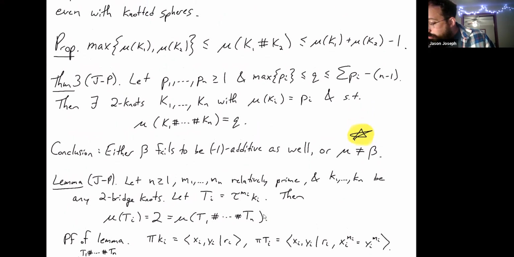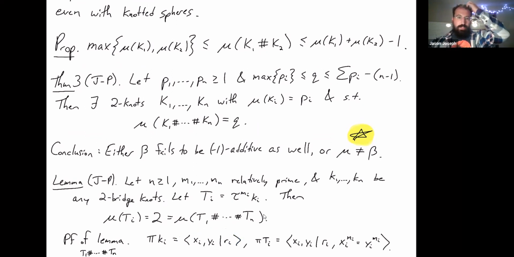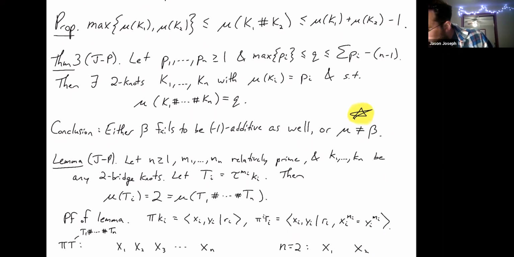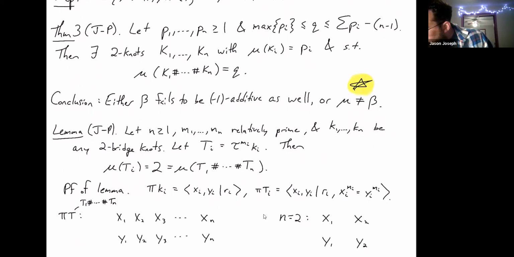So these little k's, those are the classical knots, and they're 2-bridge, so they have two generator, one relator, representations. And then when you do the twist spin with twisting index mi, you can add this one relation. This is equivalent to the twist spin relation I said earlier, but it's a little bit more convenient for what we're doing. And so if T is this big connected sum, we've got all these X's and Y's for the different factors, and we have to amalgamate a bunch of them together.